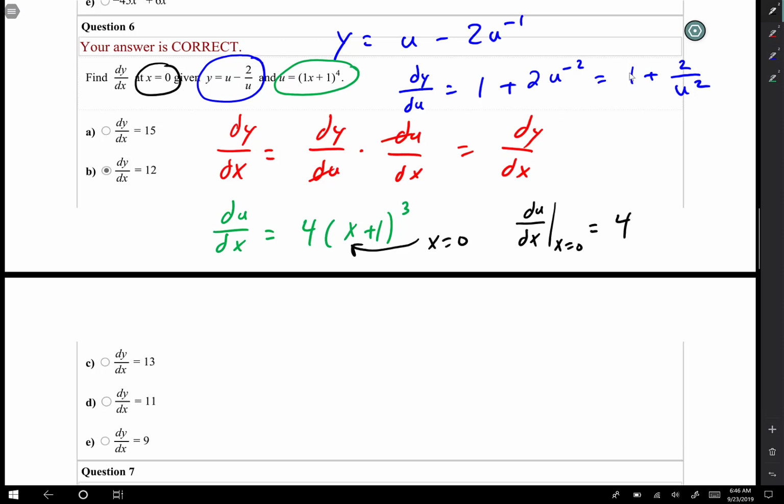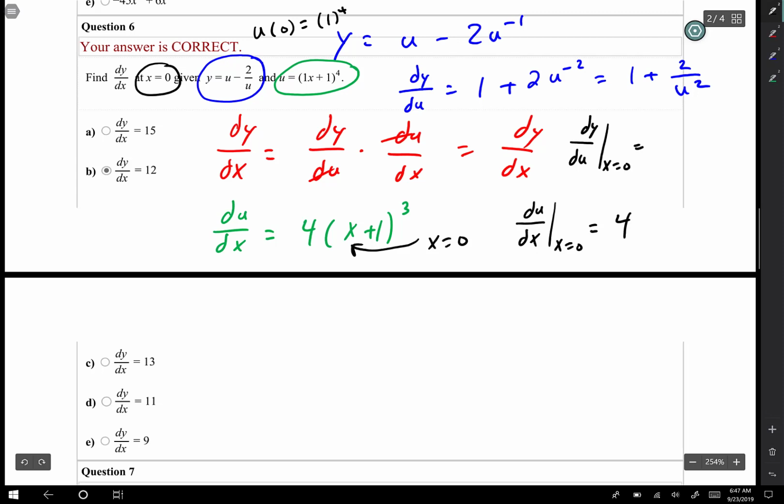And let's see what it is up here. Right here, u, when x is 0, is 1 to the 4th. So 1 to the 4th. So that means dy/du when x is 0.